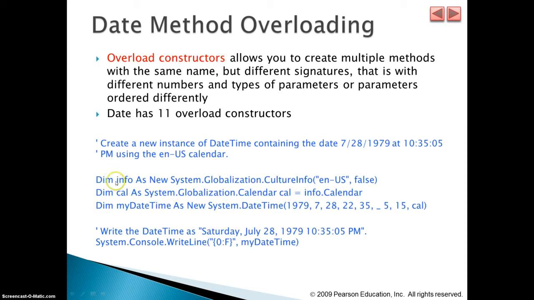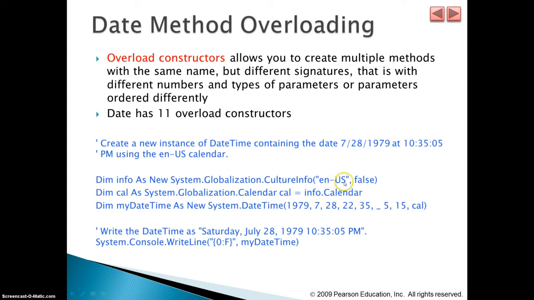So here's the code. First, you're declaring the info variable as a new system.globalization.cultureinfo variable. So here again you see the new, so you're getting a constructor to execute. This whole thing here, system globalization cultureinfo, is the variable type. This info is the local instantiation of the variable of that type.